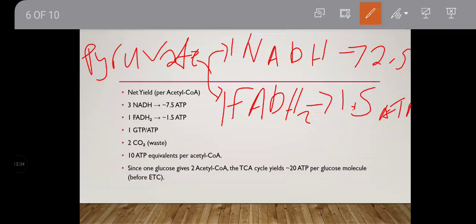So 3 NADH gives us 7.5 ATPs. 1 FADH2 gives us 1.5 ATPs. Then plus the 1 ATP or GTP that is produced. So you have 7.5 plus 1.5, it gives us 9. Plus this one, 10. So it means that 1 pyruvate, when it undergoes a complete cycle of the tricarboxylic acid, gives us 10 ATPs.